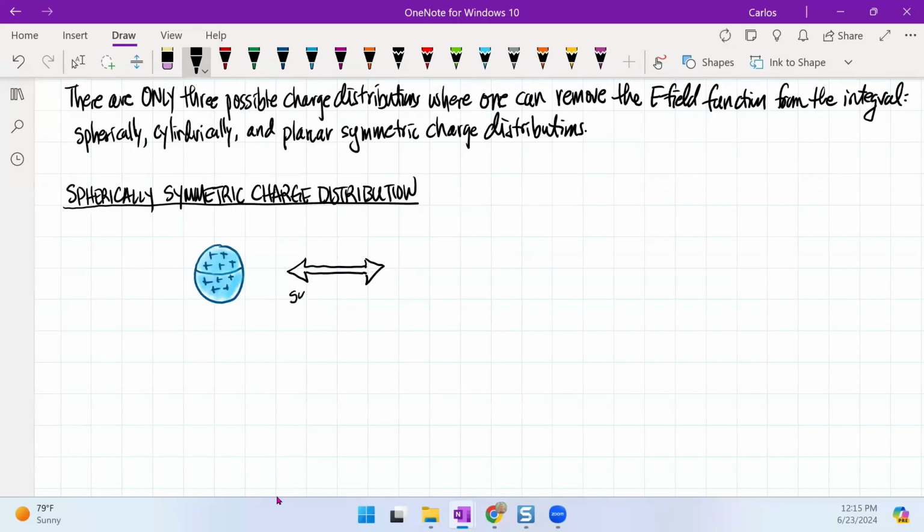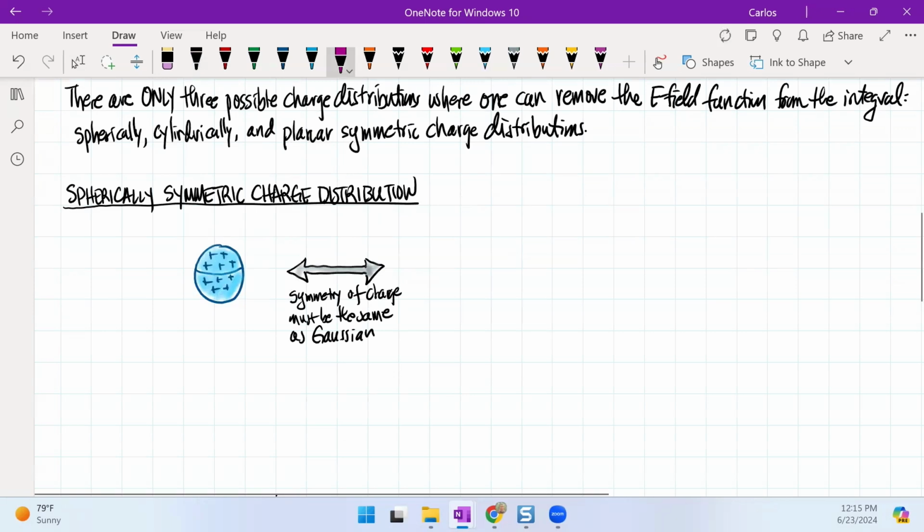So when I look at this, these have to go hand in hand. Once again, the symmetry of charge must be the same as the Gaussian. Now I can look at my Gaussian, which encloses this sphere.